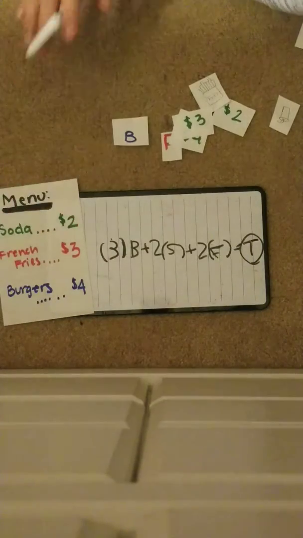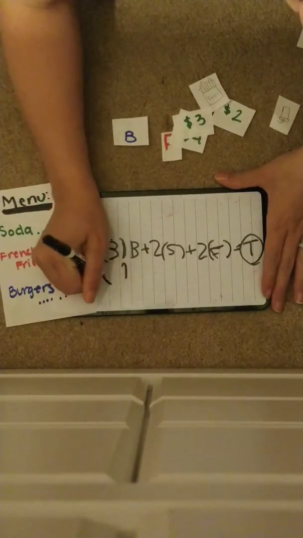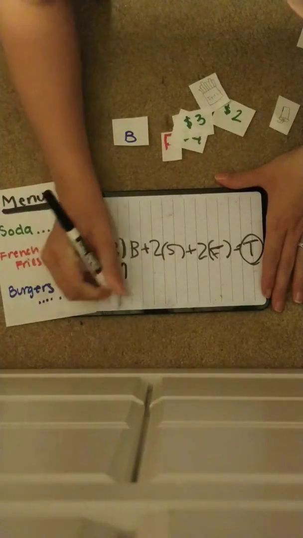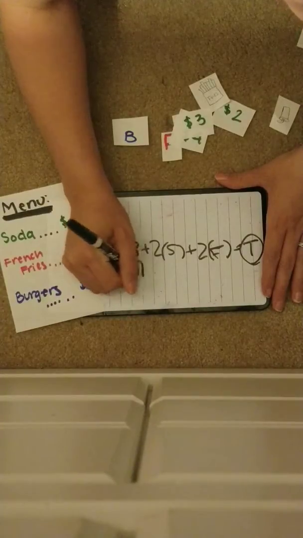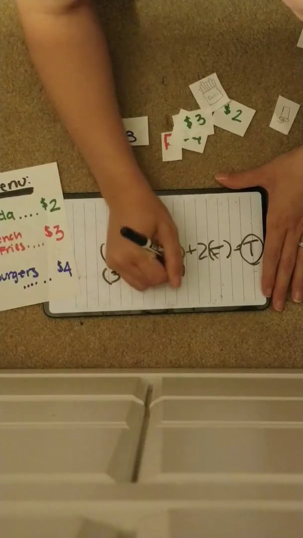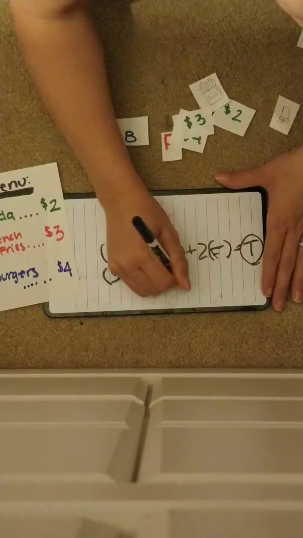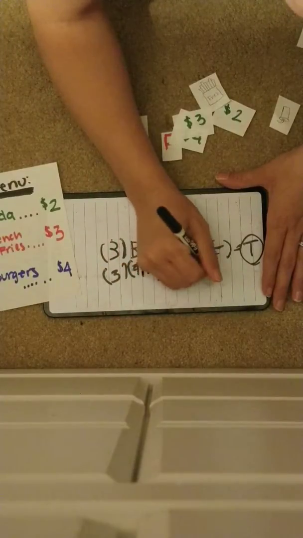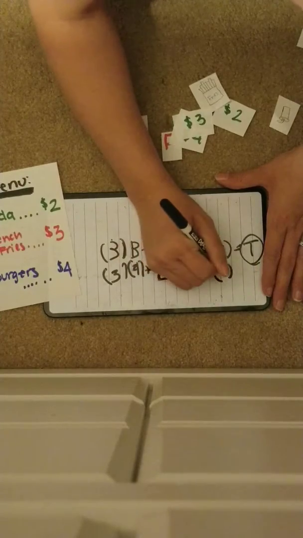So then we can rewrite this with, sorry, I'm writing upside down, 3 times 4 plus 2, and then the sodas are $2, 2 plus 2 times, and then french fries are 3.